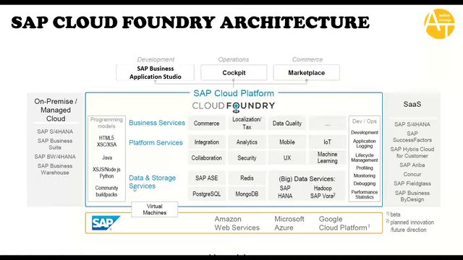Then you get free data services like Postgres, Redis, and Mongo. SAP added SAP ASE, SAP HANA, and SAP HANA Vora. These are the data services which SAP included on top of standard Cloud Foundry to enable their customers and partners to utilize HANA as a service.